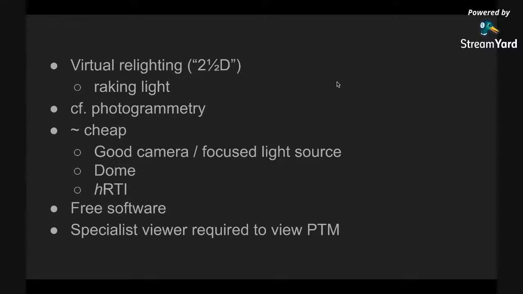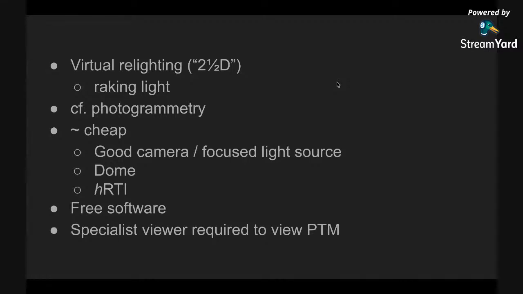So casting light from a very oblique angle that causes the texture on the surface of the object, the inscribed letters or relief images, to cast very sharp shadows and be visible. And if you cast the raking light from several different angles, you capture different parts of the surface.